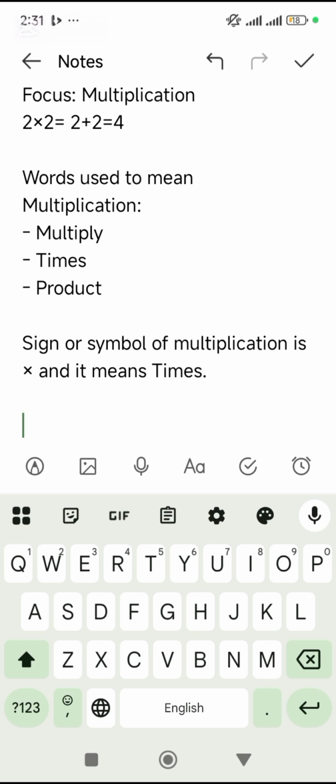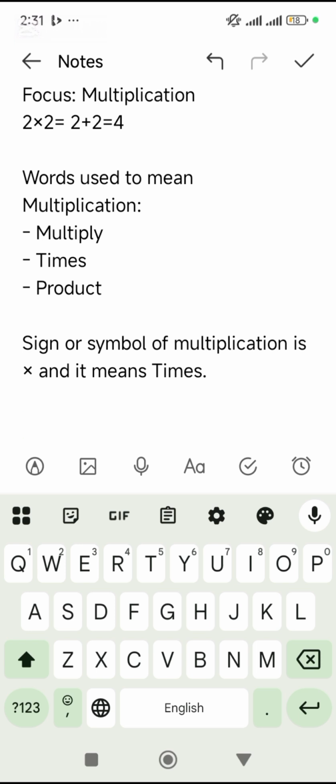This is going to be basic, not so advanced. There will be more videos that will talk about algebra and so on. This is basic arithmetic. It shows you what is expected each time you see the multiplication sign or the times.